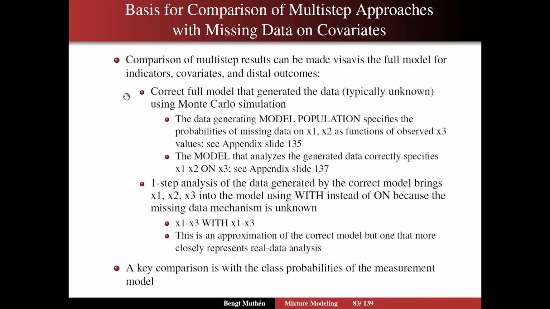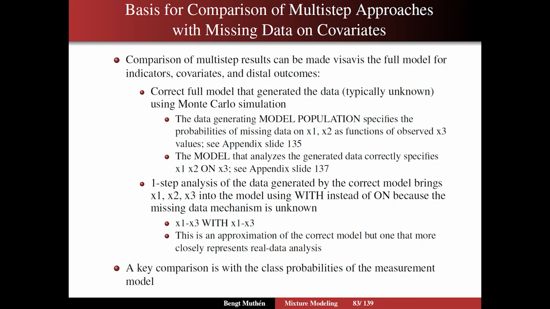First of all, we have a correct full model that generated the distal.dat data set. I mean, that's typically unknown in real data, of course. Here we use the Monte Carlo simulation. The data generating model population command specifies the probability of missing data on X1 and X2 as functions of the non-missing X3 variable.